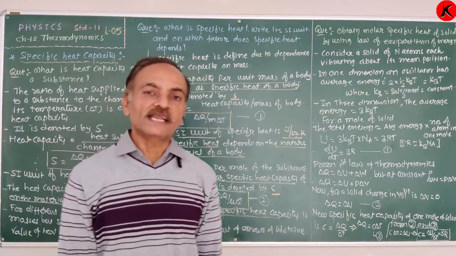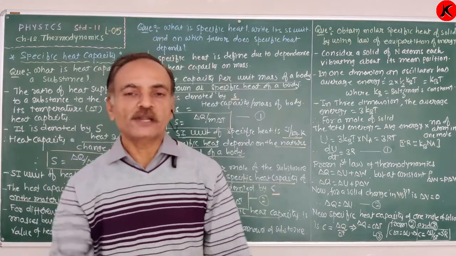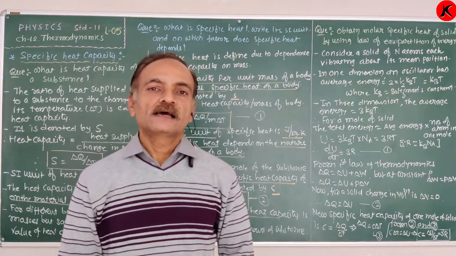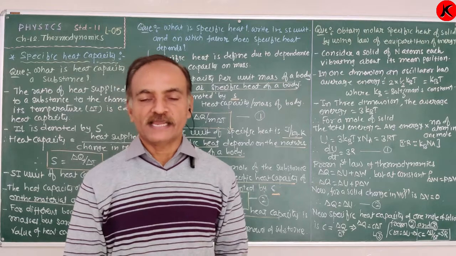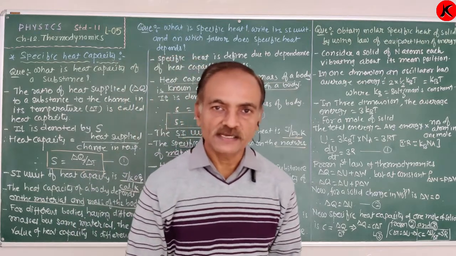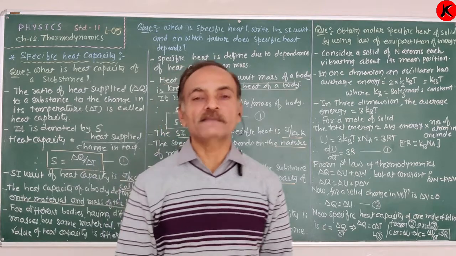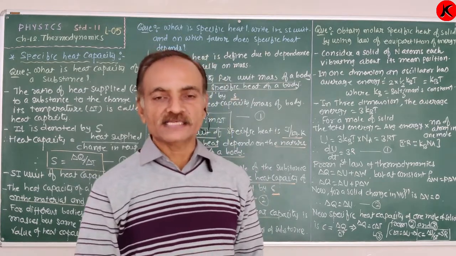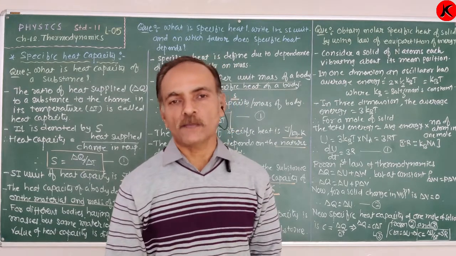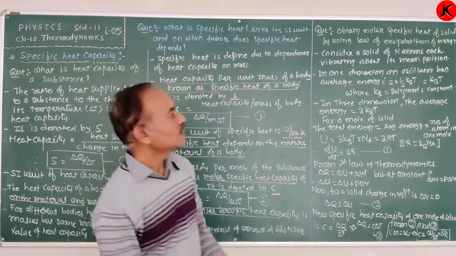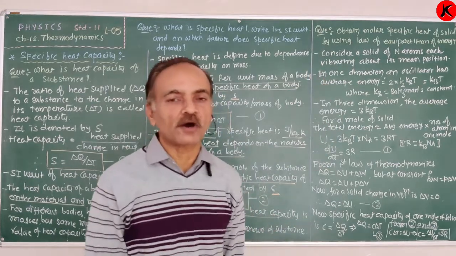That means the energy associated with the possible independent motion of a molecule of a substance is half kBT. That is the law of equipartition of energy.